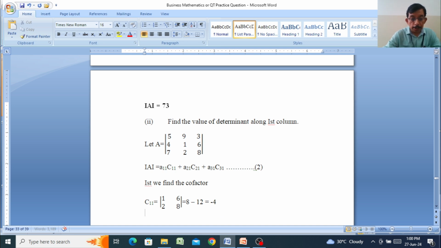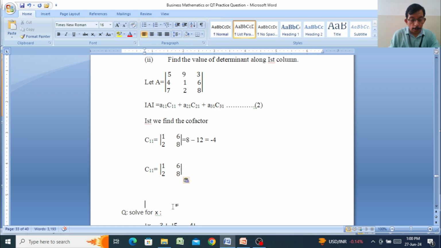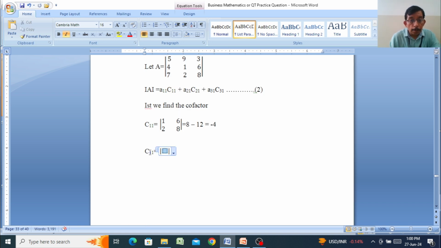Now we calculate another cofactor, C21. C21 means the second row first column element is canceled out, and the remaining elements are 9, 3, 2, 8.